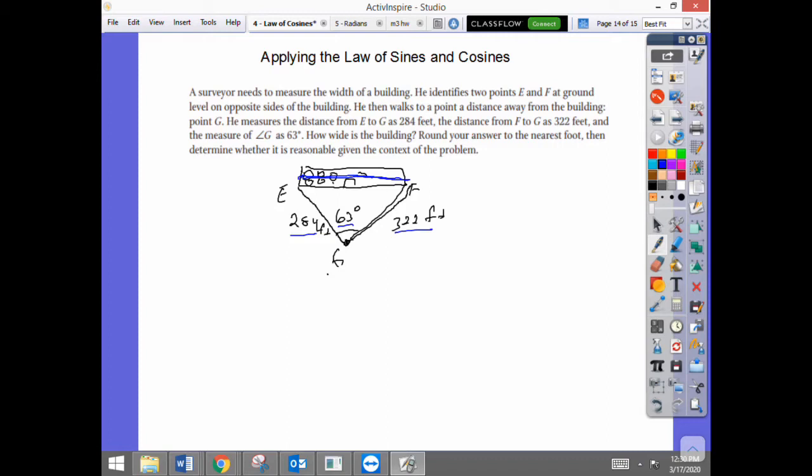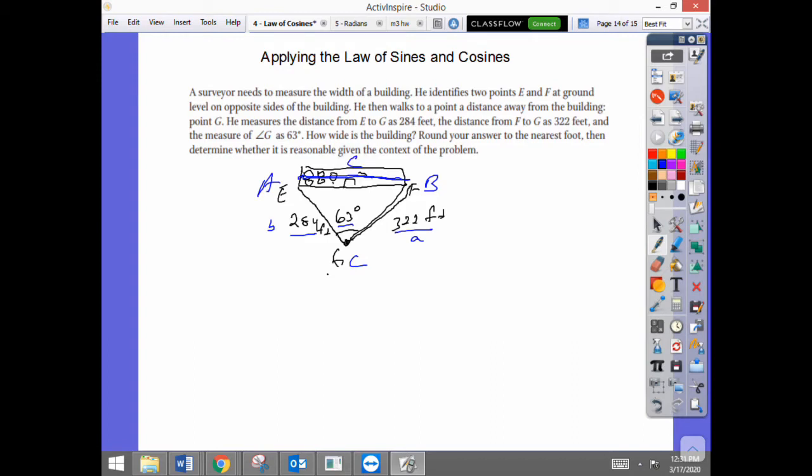I have everything here marked as E, F, and G, but our formulas for law of cosines are marked A, B, C. So if you're not liking E, F, and G, change everything. Let's call this right here A, this right here B, and this right here C. Then opposite angle A is little a, opposite angle B is little b, and opposite angle C is little c.